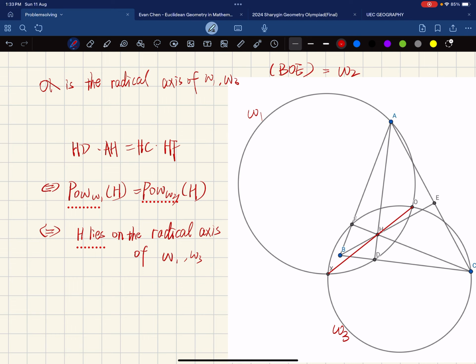Which shows that O, H, and X are collinear.